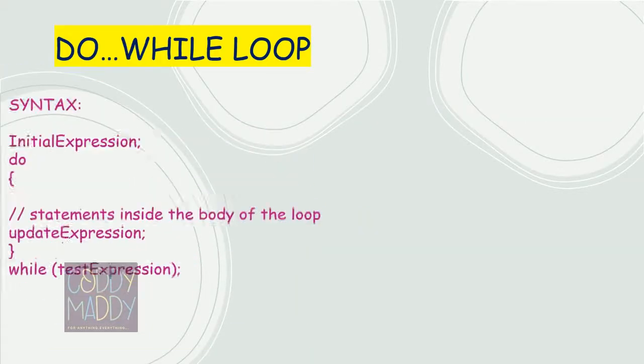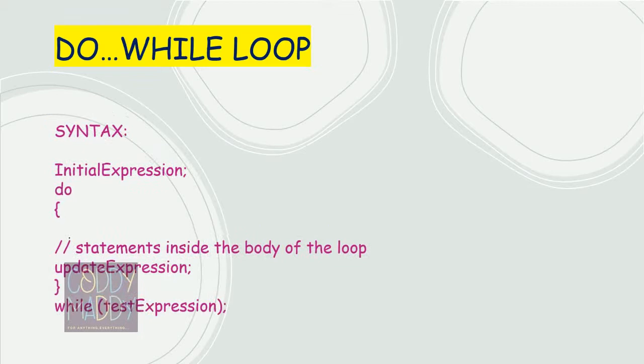Talking about the do while loop, the syntax is something like this. First the initial expression is given, then the do keyword, and we open the braces for the definition. Within the braces we give the body of the loop, that is the statements to be executed, and the update expression is given as the last statement in the body of the loop, similar to the while loop.